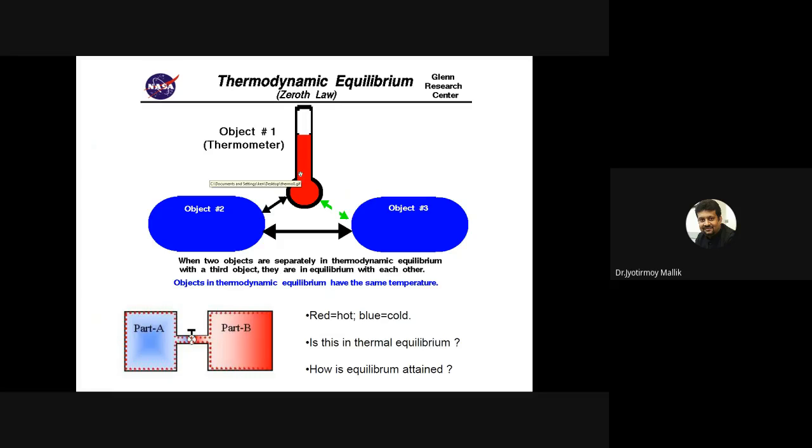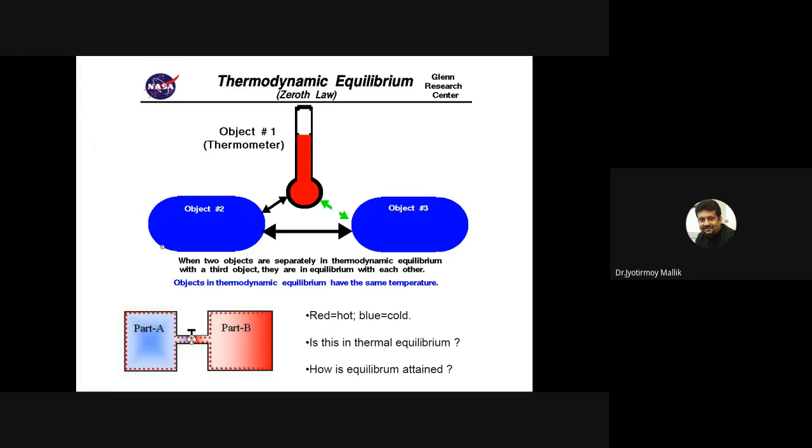Now let's look at the law of thermodynamics. I hope you have read about it, but no harm in refreshing once more. When two objects are separately in thermodynamic equilibrium with a third object, then they are in equilibrium with each other. Okay? So what does that mean?